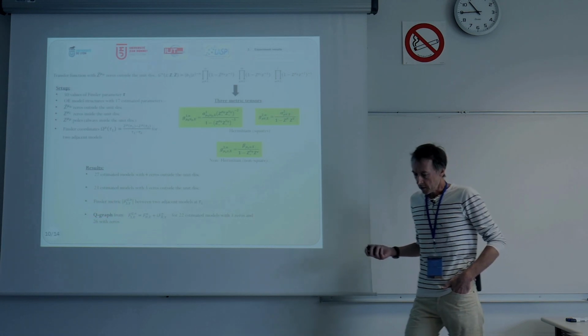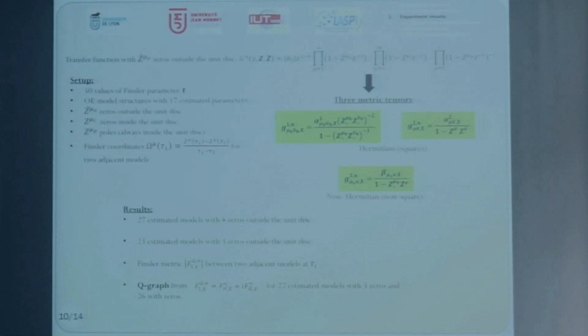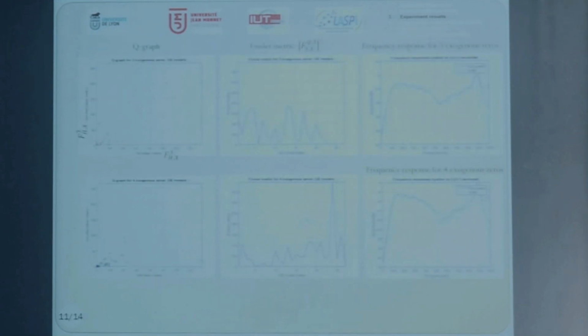Okay, and in this work, I introduce a new graph named the Q graph. In fact, this is just a Z-plane. Okay, why the Z-plane? Because there is a real part and an imaginary part. And the first graph is the Q graph, which is also named the model's trajectory.